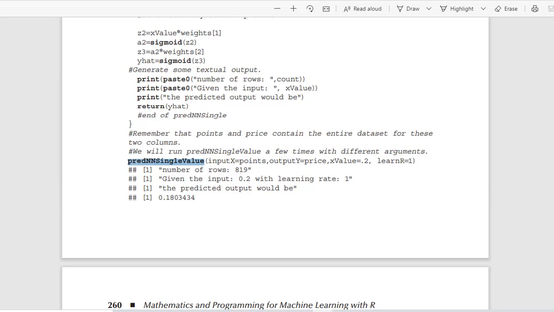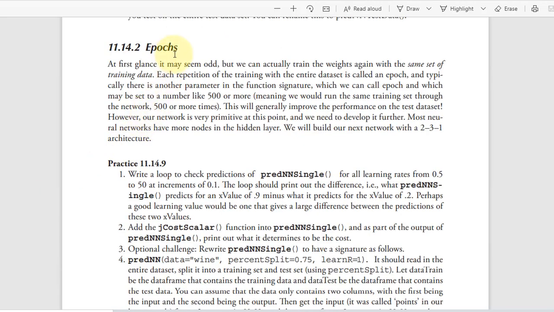We want it to improve in general for new data sets. We can call that the generalization. We want that to improve as well. So we call that an epoch. We run the entire data set through once, that's called the first epoch. We run the entire data set again, that's called the second epoch. So we can easily do that.